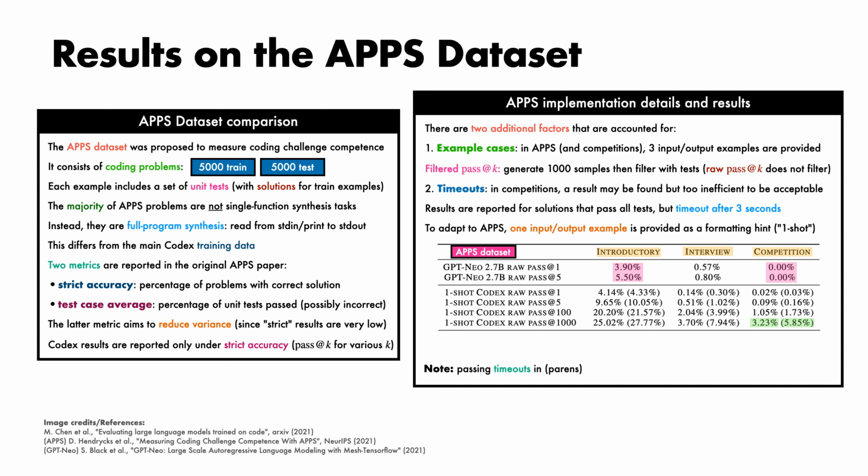In this table, programs that pass all tests but time out without completing in 3 seconds are included in the metrics reported in parentheses. Using the 3 provided unit tests to filter the samples substantially improves results, both in the pass@1 and pass@5 regimes.